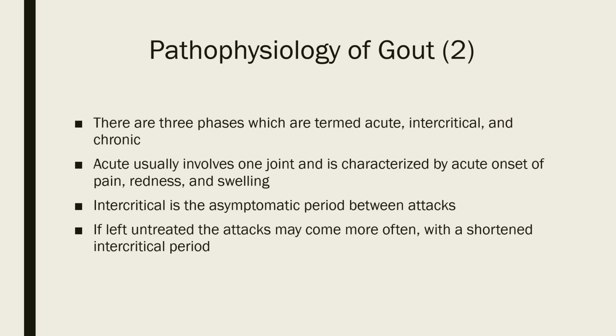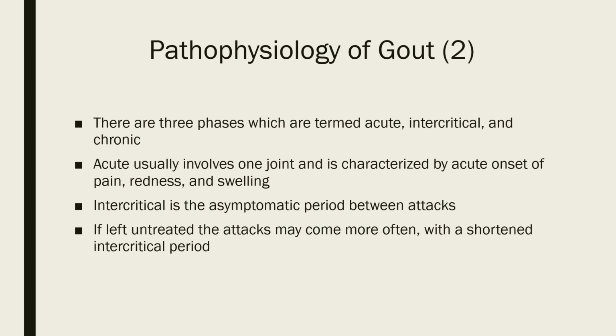There are three phases, which are termed acute, intercritical, and chronic. Acute usually involves one joint, and it is characterized by acute onset of pain, redness, and swelling. Intercritical is the asymptomatic period between gout attacks.